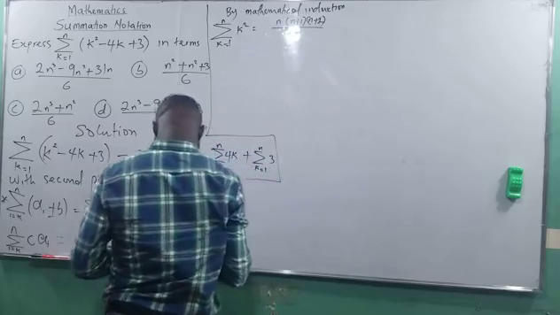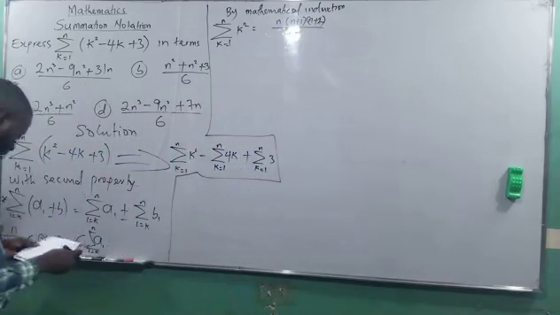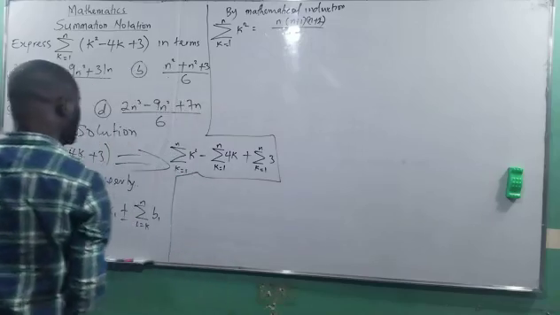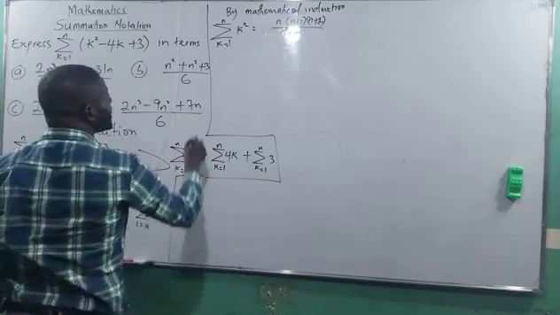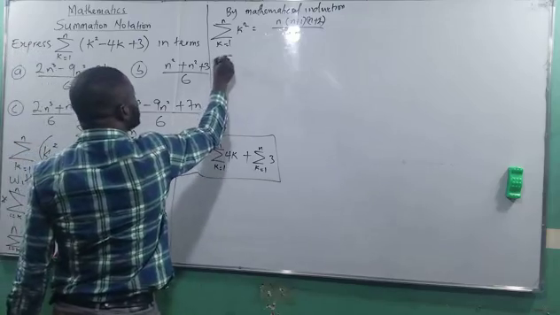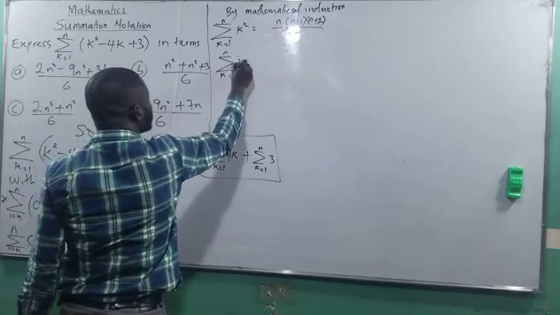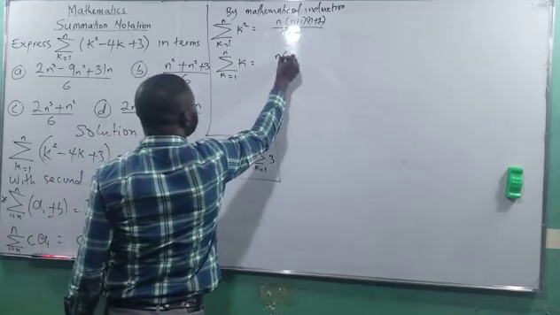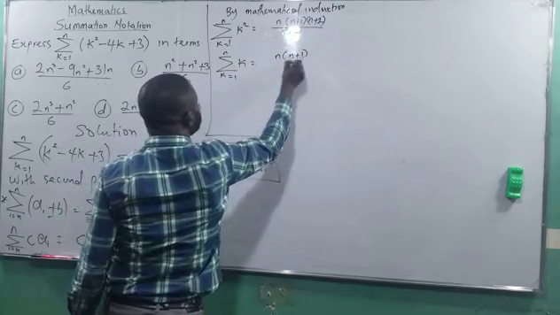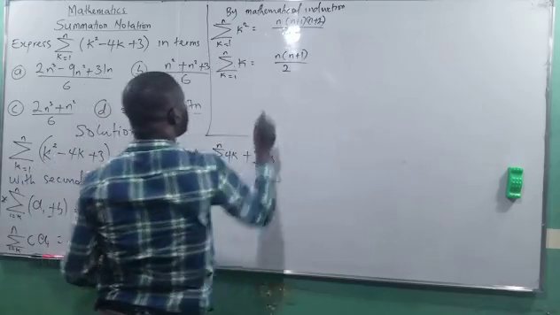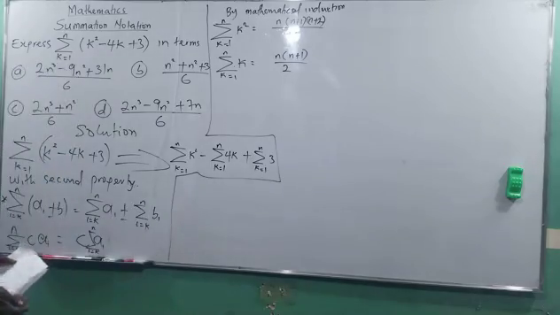That is the property I stated in the previous video. Please take note of that. I've also said that the summation of k from 1 to n will be equal to n times n plus 1, divided by 2. That is what I'm going to be playing with here.